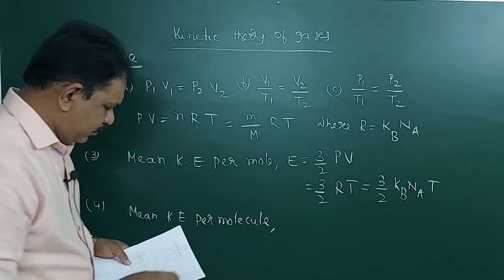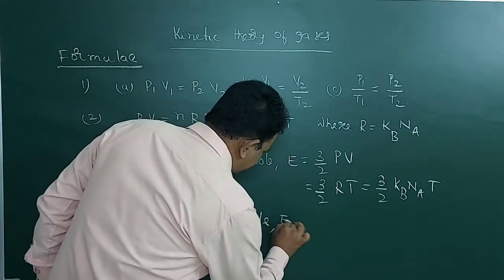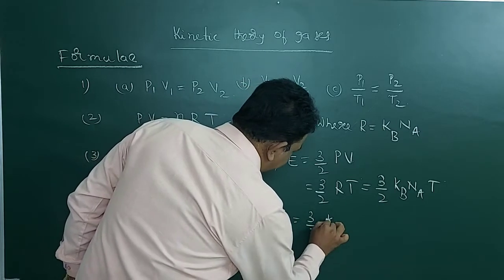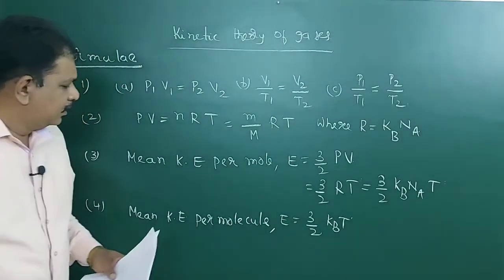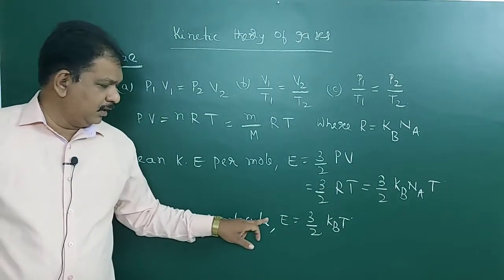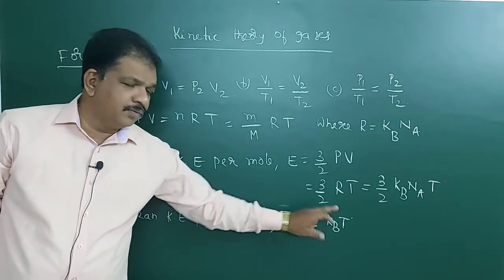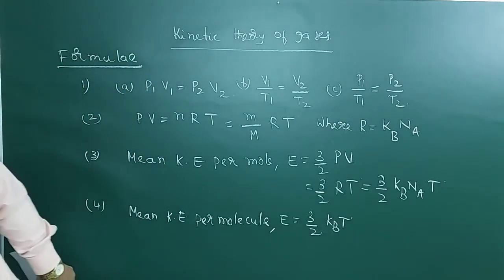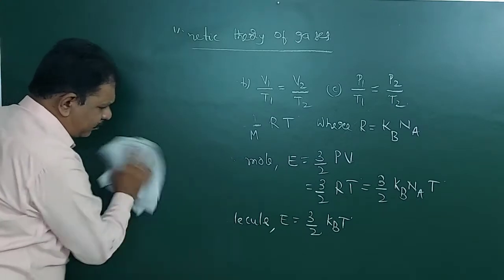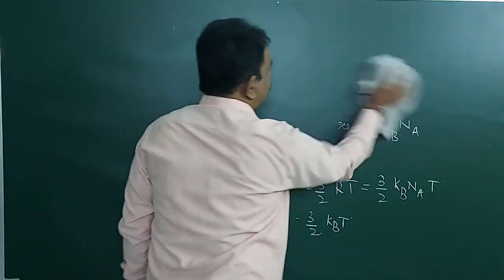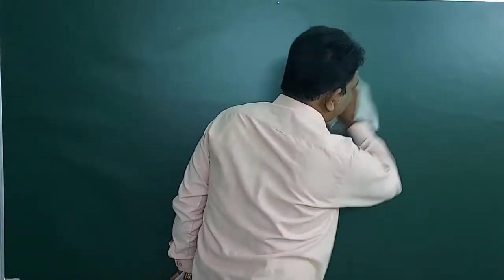So this value E is equal to 3 by 2 Kb into T. Bring this N to the side. Then that will be mean KE per molecule, 3 by 2 Kb into T. Next, on the velocities of the gases, formulas will be there. What are those? See.